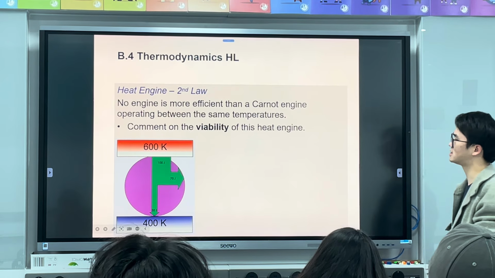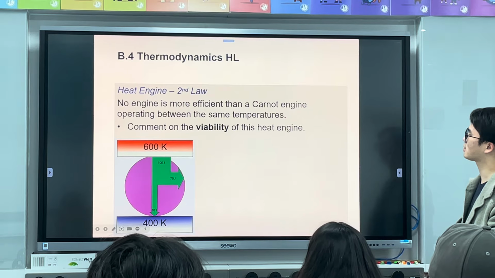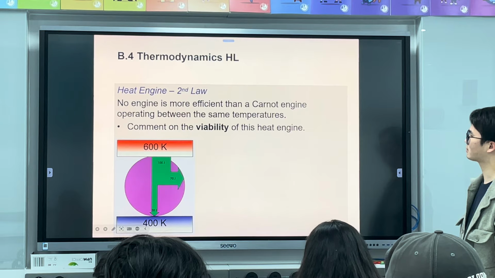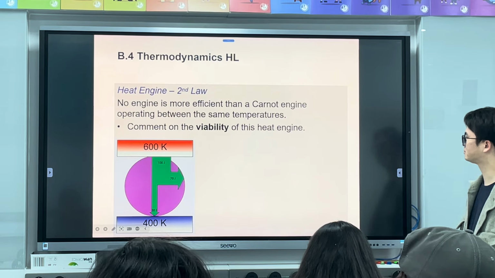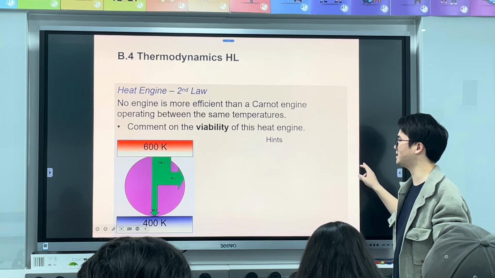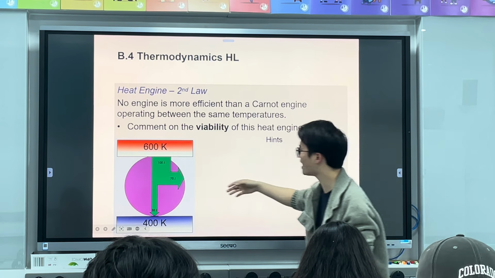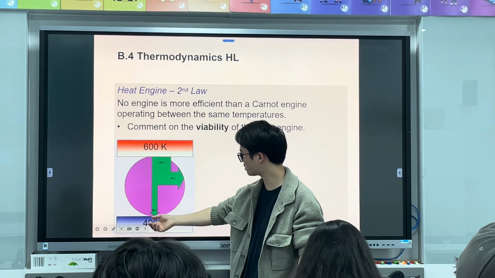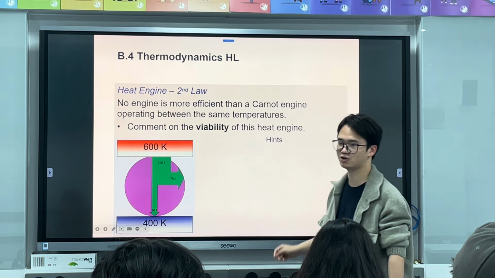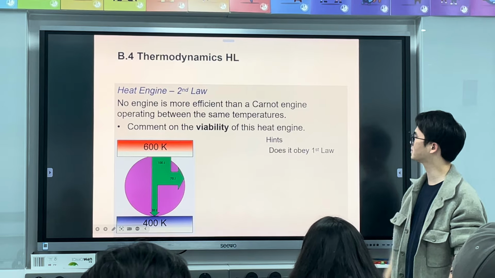All right, so for the viability of this heat engine, let's look at it. We have 100 joules, 30 joules being absorbed by the cold reservoir, 70 joules output into work done.